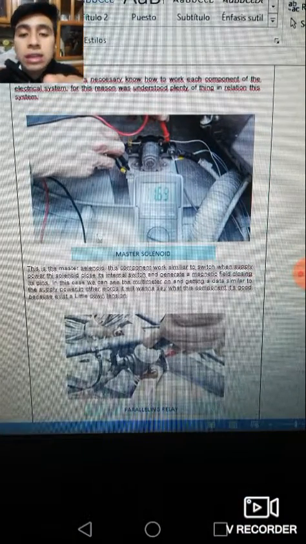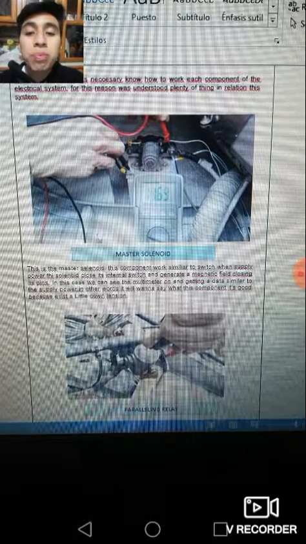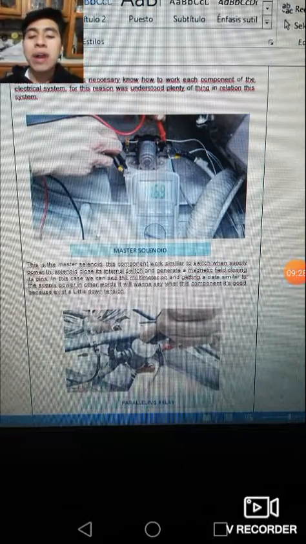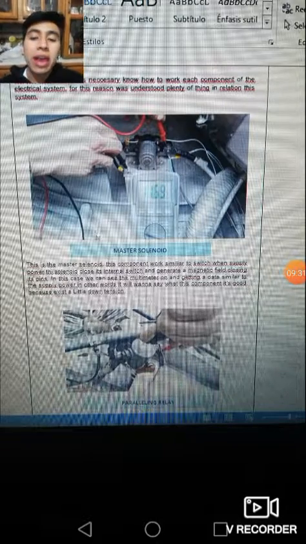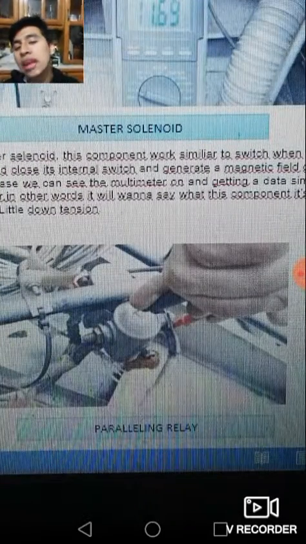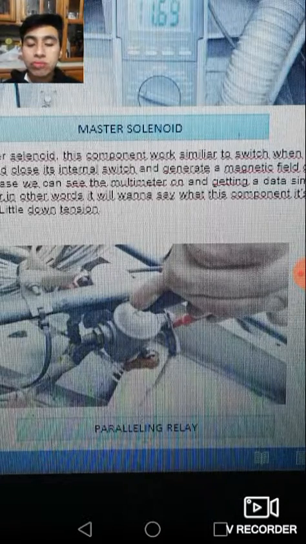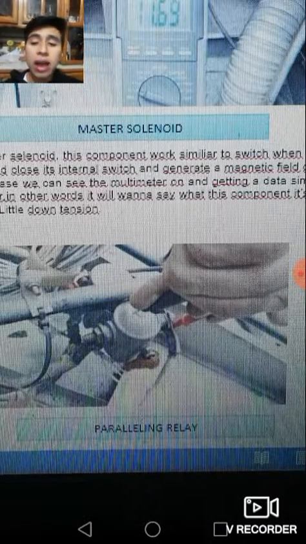In this principal component called the master solenoid, then I compare the voltage of the parallel relay with the increased voltage, and I give it to different lights.